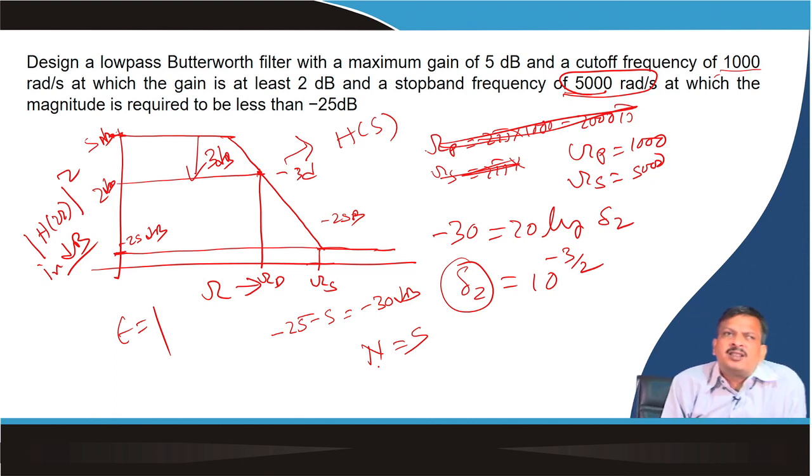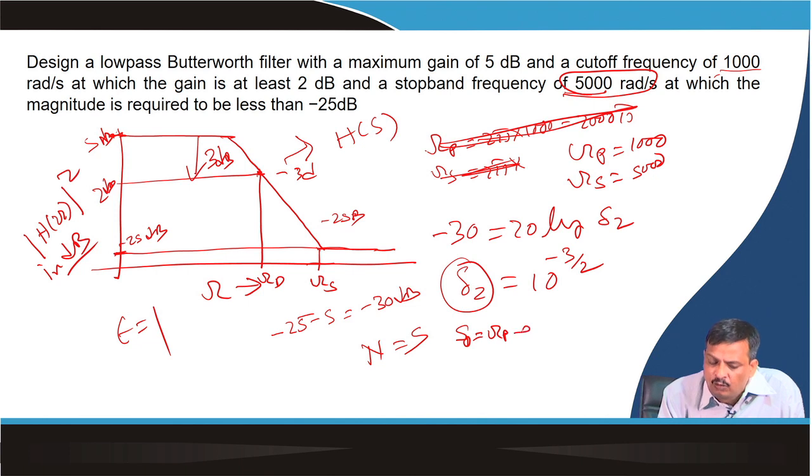Then what is the transfer function? So, I have to find out sk. So, s0 is equal to omega p into e to the power j pi by 2n times 2k plus n minus 1. So, if n equal to 5, it is 10, with 2k equal to 0, 2 into 0 plus n into 5 minus 1.